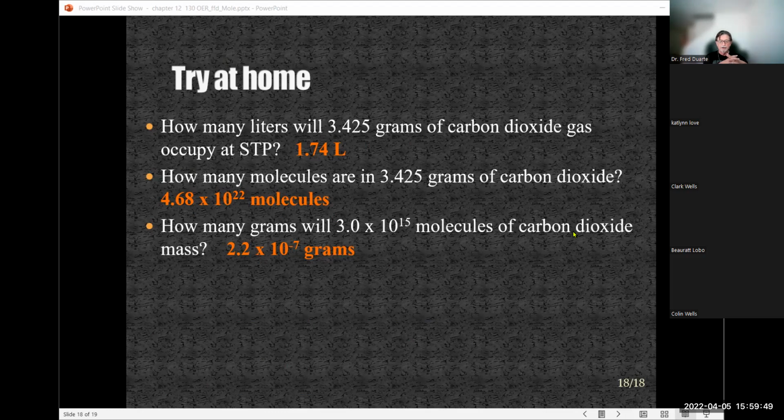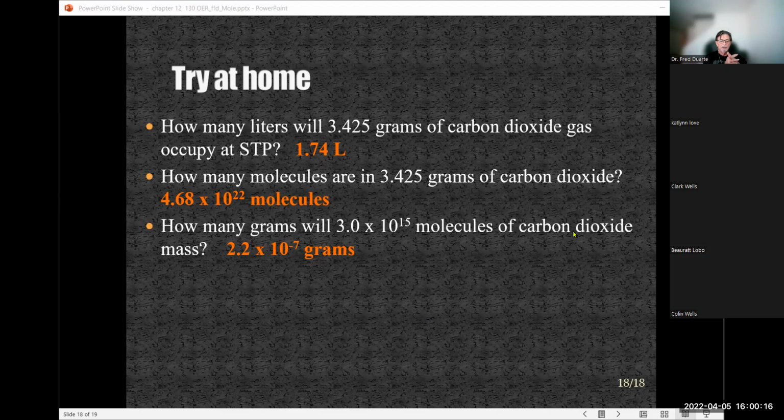Okay. Still with carbon dioxide, if you have the same 3.425 grams of carbon dioxide, how many molecules would that correspond to? You should come up with 4.68 times 10 to the 22nd molecules of carbon dioxide.